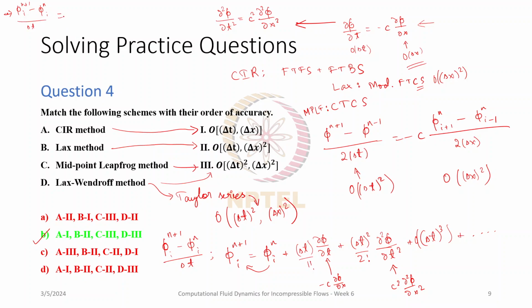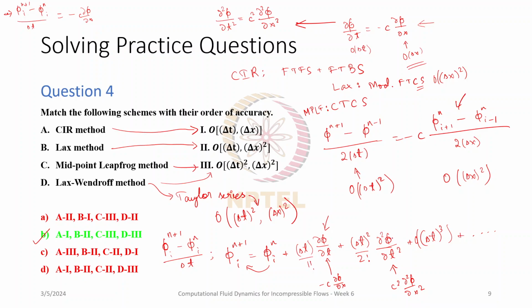The first term which remains is dou phi dou t, which is minus c dou phi dou x, which can again be broken up like this or in some other way.